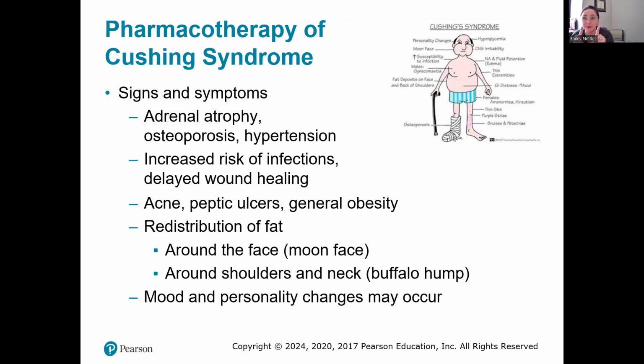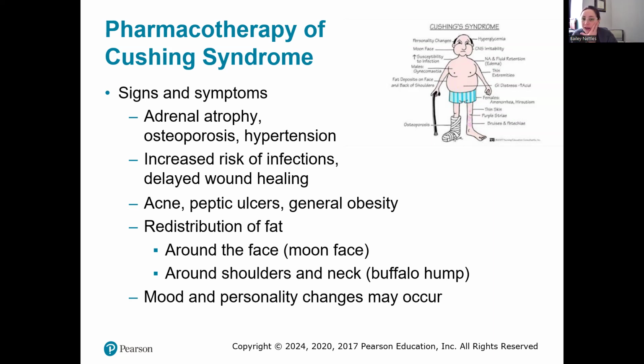It's not a normal round face, okay? You can have CNS irritability, increased susceptibility to infection, nausea and vomiting. Sodium and fluid retention, gynecomastia, thin extremities, fat deposits on the face, back, and the back of the shoulders, which is that hump. Okay, GI distress.